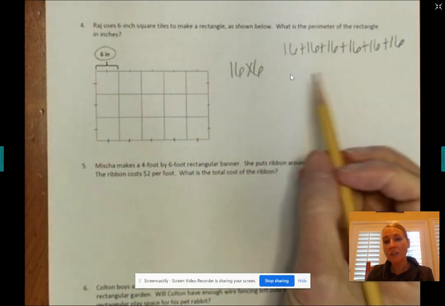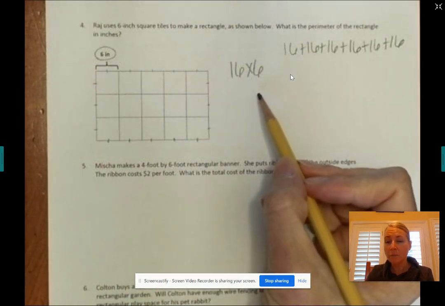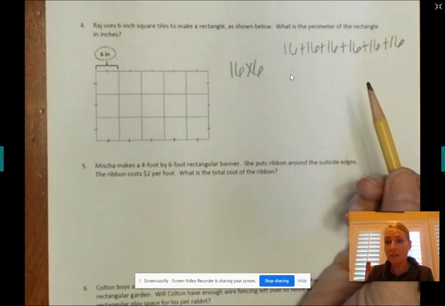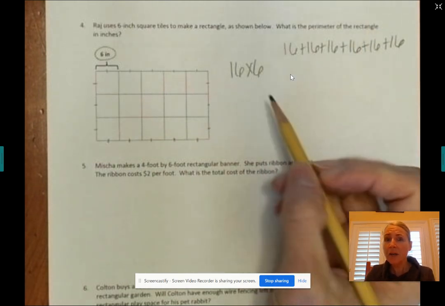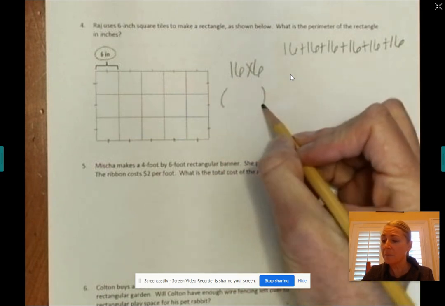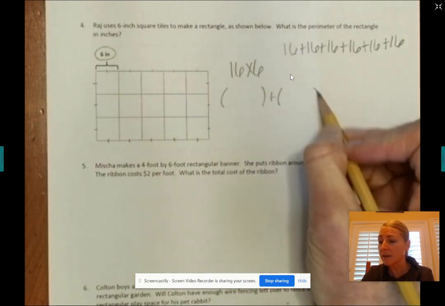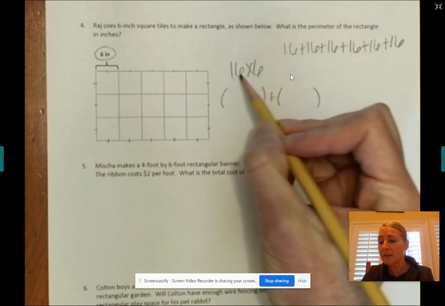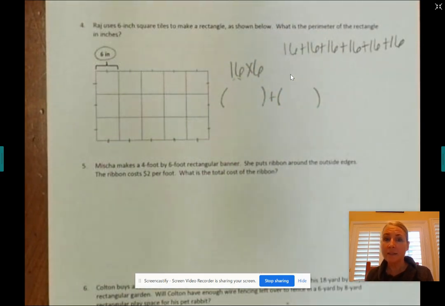The other would actually be to use distributive property to solve 16 times 6. And at this time of the year, you guys are really good at this when you're reminded on how to do it. Think about this 16, right? This 16 is a 10 plus a 6. It has 1 ten and 6 ones.